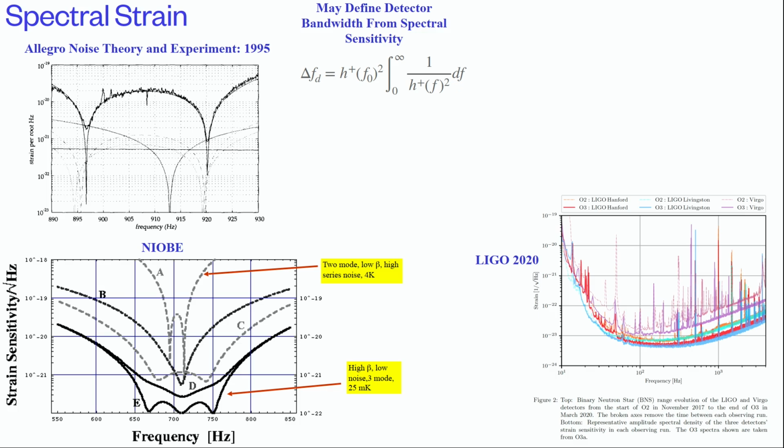These are spectral densities. So if I go back to the per square root hertz, it means kind of per square root of frequency bandwidth. So it would be strain squared per hertz if it was power. So it's just like you measure on a spectrum analyzer. If I got on a spectrum analyzer I can measure volts, right? Or I can press a button and measure volts per root hertz.